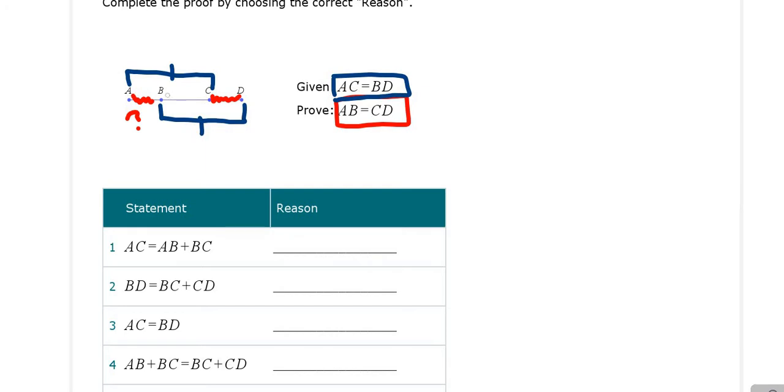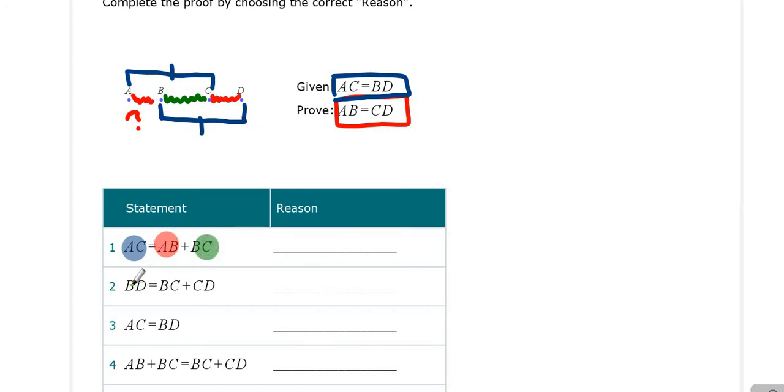Well, you can see right here that there is an overlap with BC, and that the red plus the green equals the blues. Red plus green equals the blues. So we come here and let's take a look at our possibilities. AC is one of the blues, equals AB plus BC.